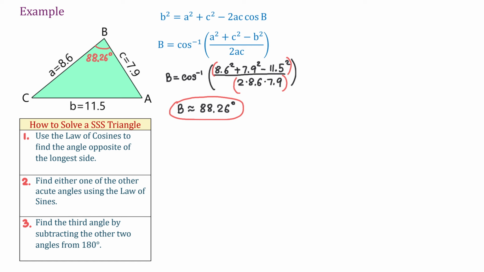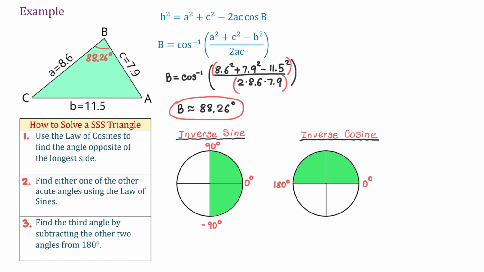But then, why do we want to use the law of cosines to find this angle first? This has to do with the range restriction of the inverse cosine and sine functions. When using the calculator to find an angle using the inverse sine function, the result will always be an angle from negative 90 degrees to positive 90 degrees.